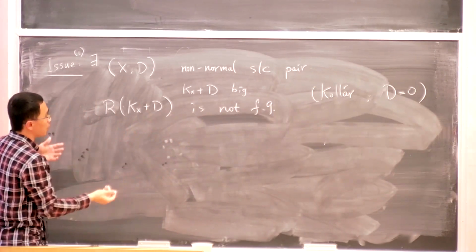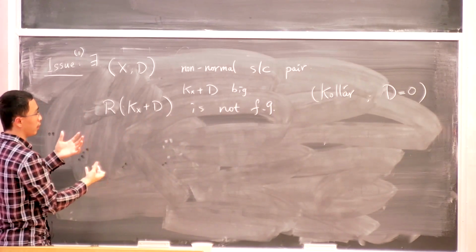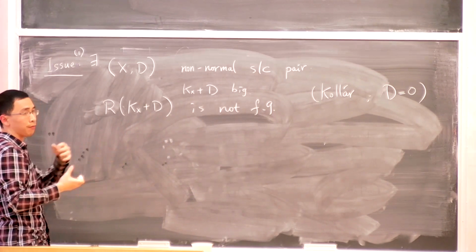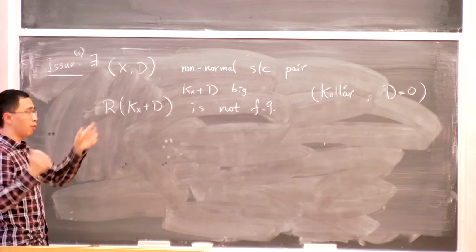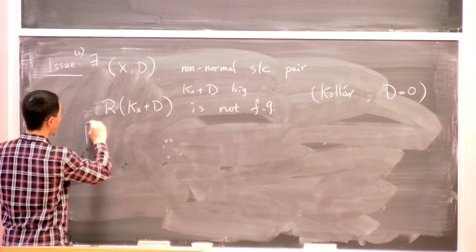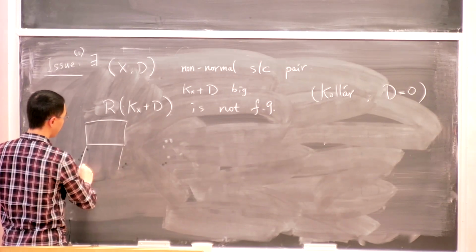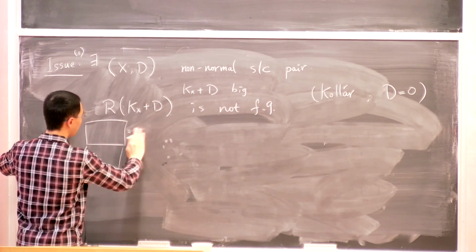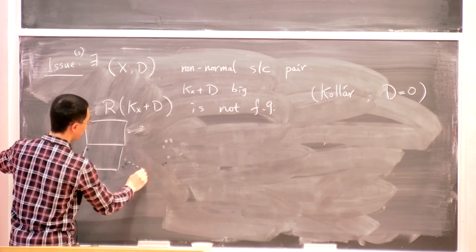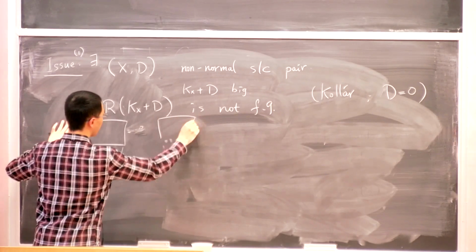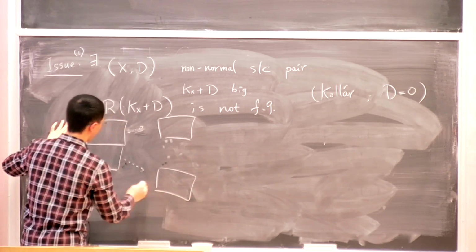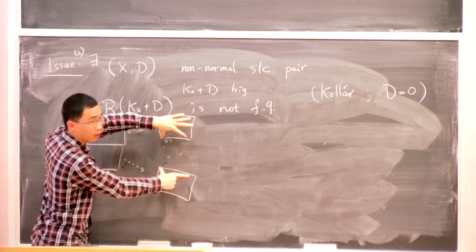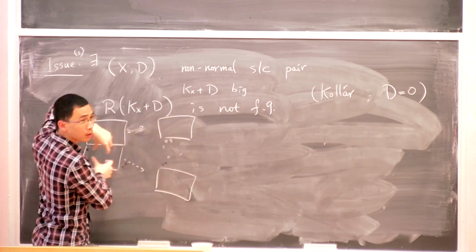And in terms of the MMP, the issue is again that if I want to run the MMP on the semi-log canonical pair, I can first run it on the normalization. However, if I have a semi-log canonical pair that's glued together from several different pieces, then if I run the MMP on different components, I get something else, but these two separate MMPs might have different behavior on the locus that is glued together originally.